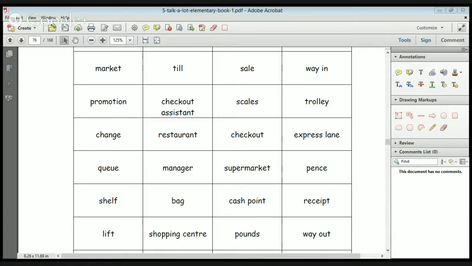What about other words in this group which have the same sound? A. Can you see any word which has a stressed sound? Shelf. This one. Shelf. It's got the same vowel sound as in restaurant. Checkout. Checkout assistant. Again a.